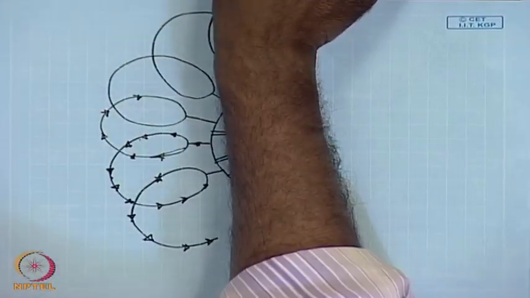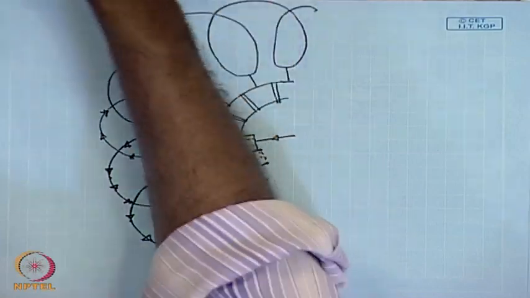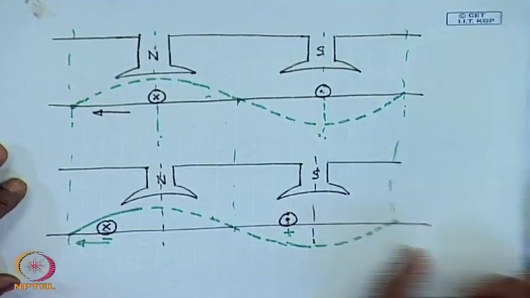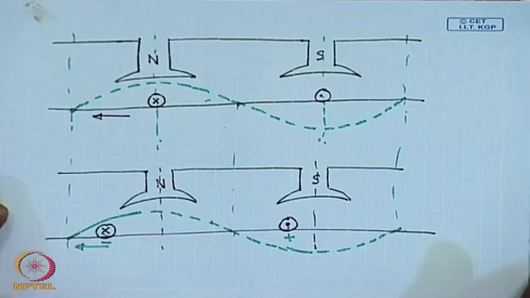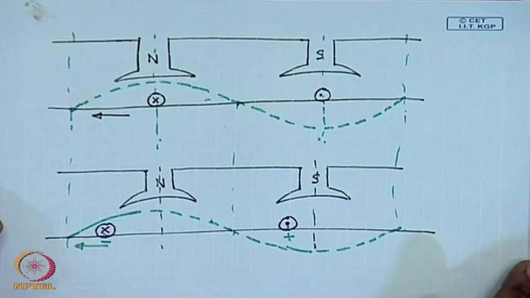This is ensured by placing the brush accordingly. The brush will connect to that conductor or that coil in which the induced voltage is going to be 0. Now, it will also be shown later that in order for the induced voltage in a coil to be 0, the flux linkage of that coil should be maximum.